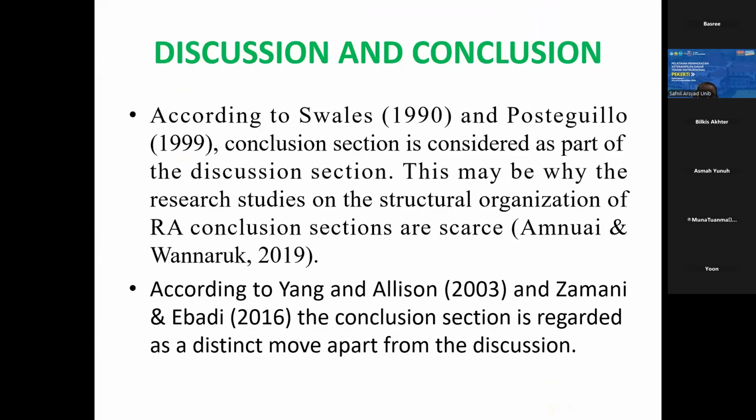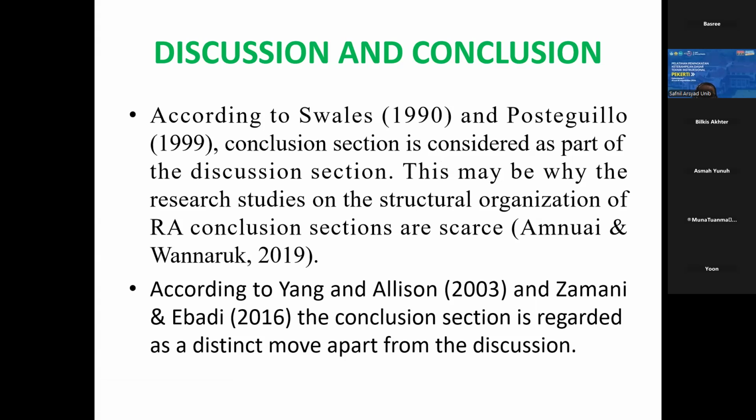The discussion and conclusion, according to Swales and Posteguillo, the conclusion section is considered as part of the discussion section. That's why, according to Swales, the discussion section has 8 moves, because move 7 and move 8 are the conclusion and suggestion section.